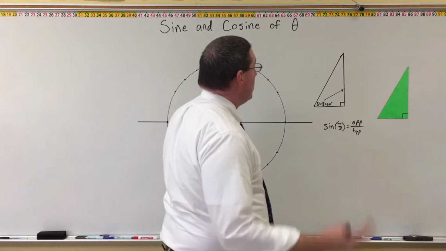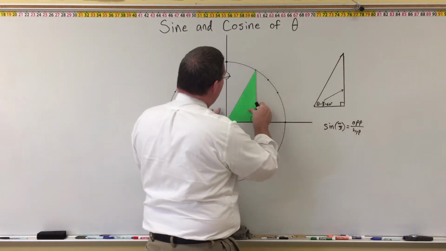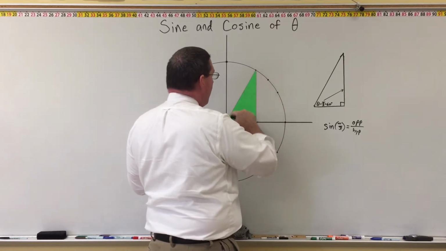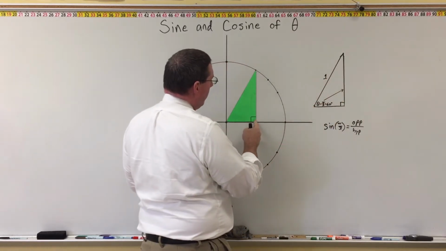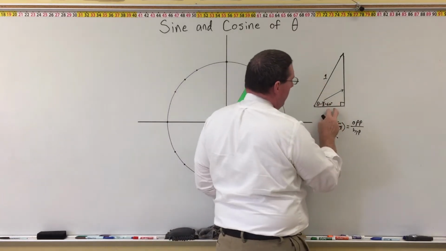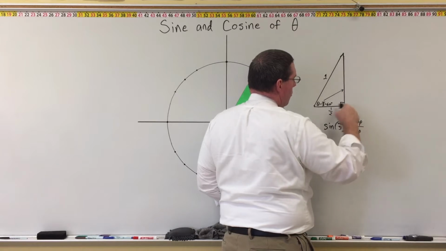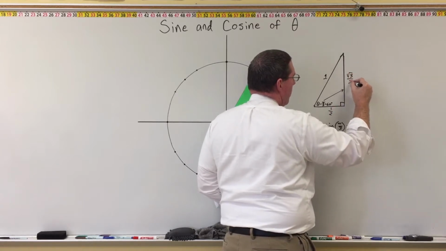Now, what we just learned when we did the unit circle is that on the unit circle, because the radius of this circle is 1, the hypotenuse is equal to 1. And we also learned that because the hypotenuse is 1, the shorter leg is 1/2, and the longer leg is square root of 3 over 2.